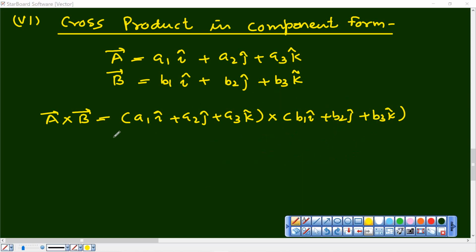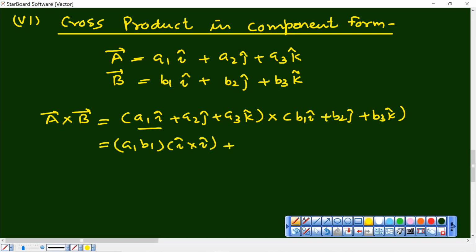The first one would be, of course, this on this, and that would be A1 B1 i cap cross i cap.